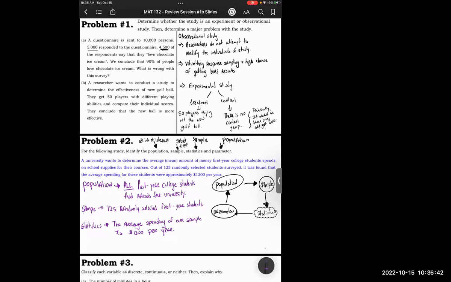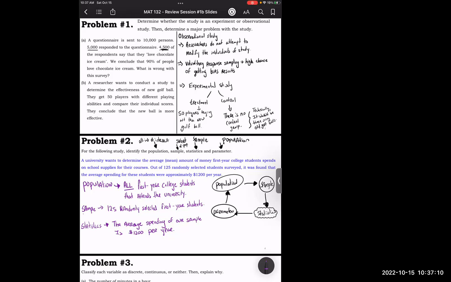What about the parameter? Were we given any numerical value regarding the population here? No, it doesn't. But we can generalize, right? Going back to my chart, the little visual I have, as we get to the ending of this introductory statistics course, you're going to learn about inferential statistics.